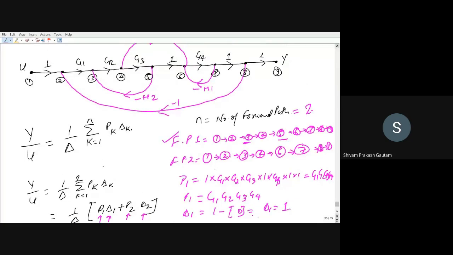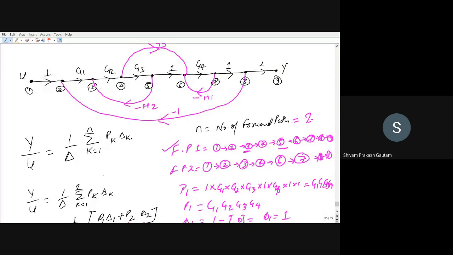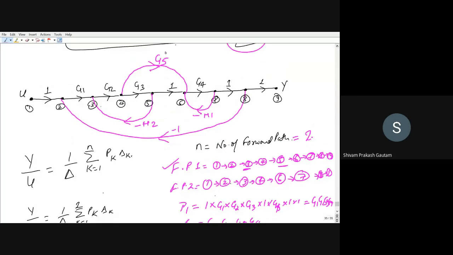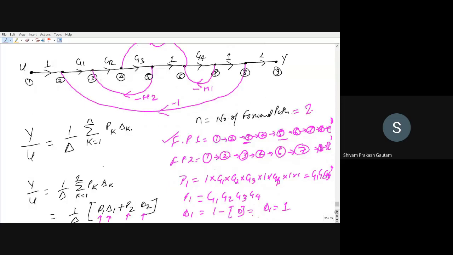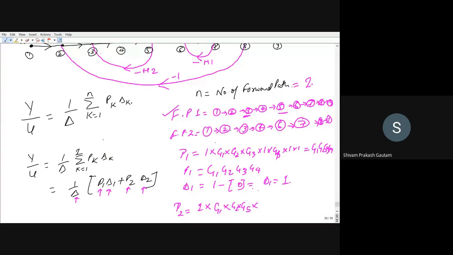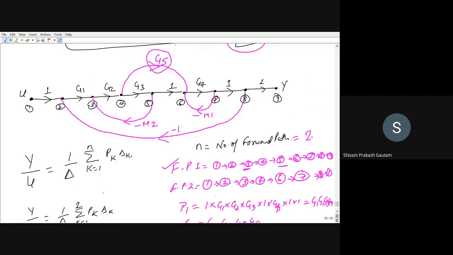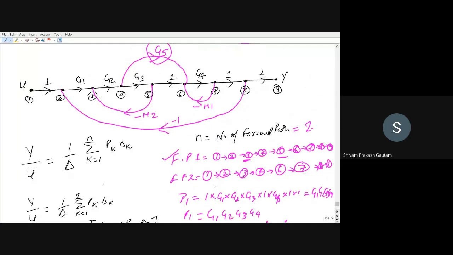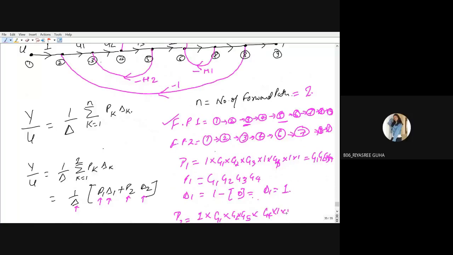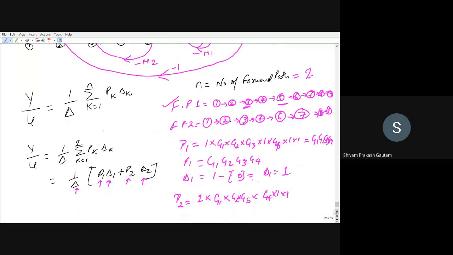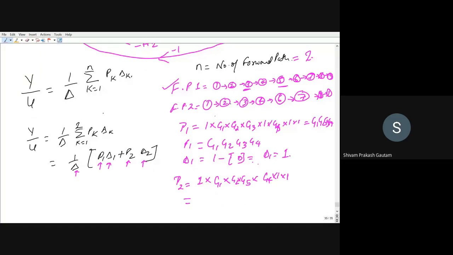G3 will not be there, because we are taking from node 4 to node 6. So from node 4 to node 6, what is the gain? You can see here G5, multiplied by, from node 6 to node 7, what is the gain? G4, multiplied by 1, multiplied by 1. So we can write G1 into G2 into G4 into G5. This is our P2.